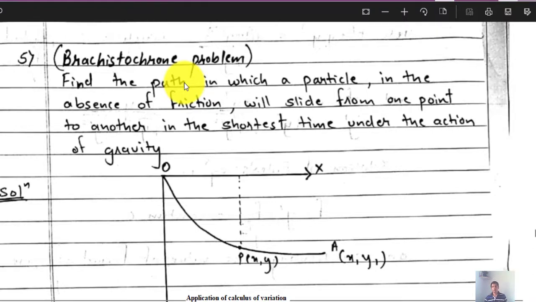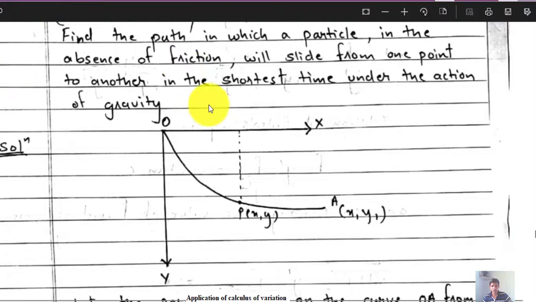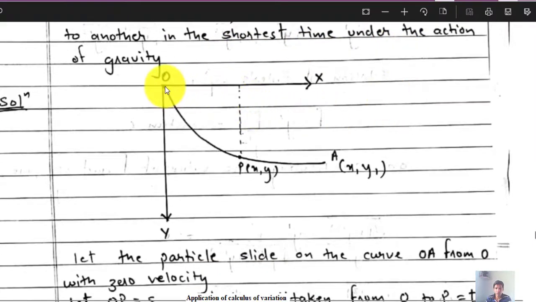So this question might be asked like: discuss the hanging chain problem, discuss the brachistochrone problem. Find the path in which a particle, in the absence of friction, will slide from one point to the other in the shortest time under the action of gravity. Suppose this is the initial line, this is the y-axis, x-axis, this is a point P, and this is A, that is x1, y1; this is P, x, y.